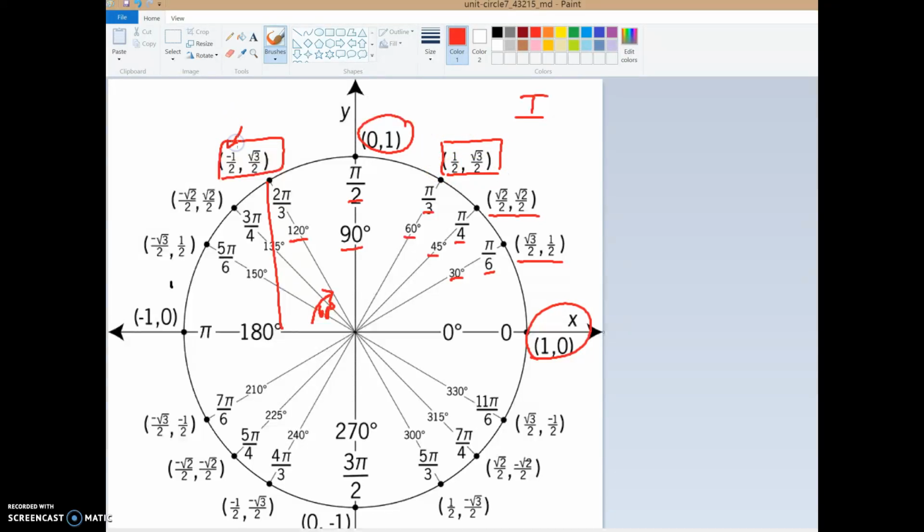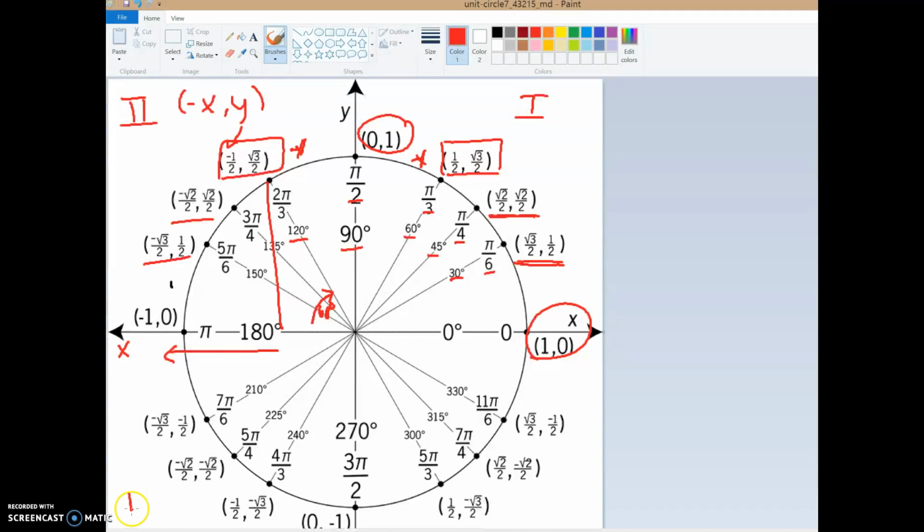We just now have a negative here because remember this is your x-axis and we are negative in this direction. So when I move into quadrant 2, your x's are negatives and your y's are positive. This ordered pair and this ordered pair are the same except for that negative. The same is true for this one in relation to this one. So there's a reflective property as you move around.